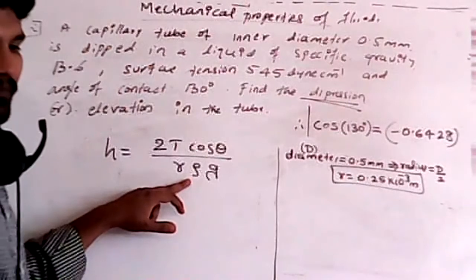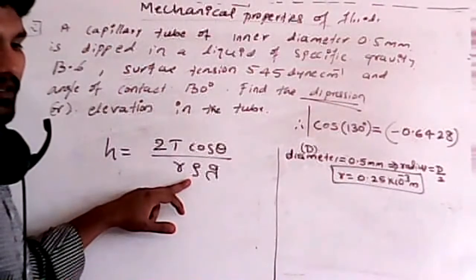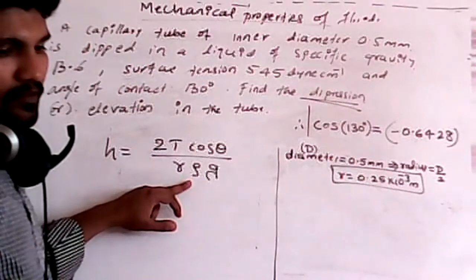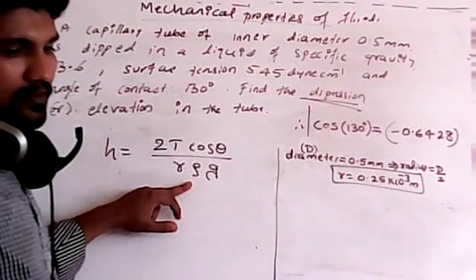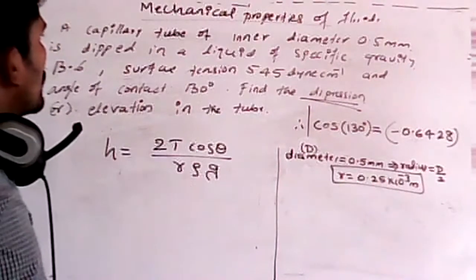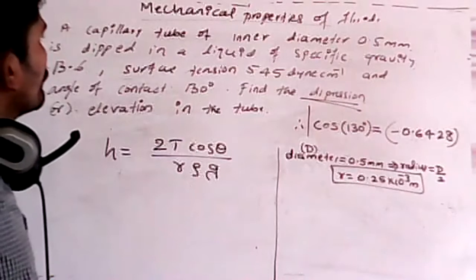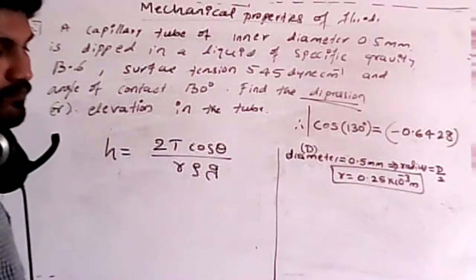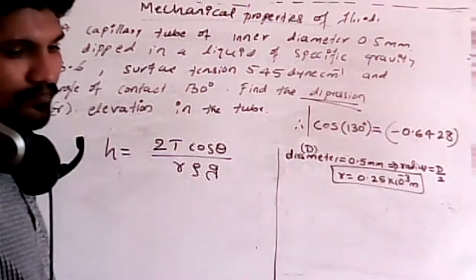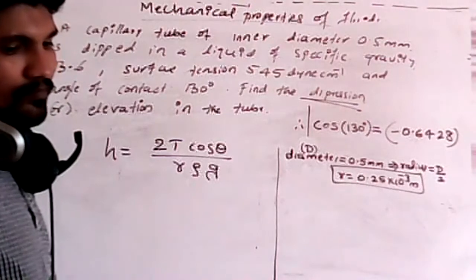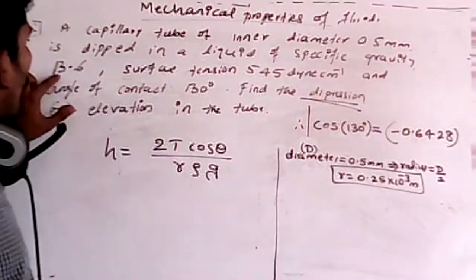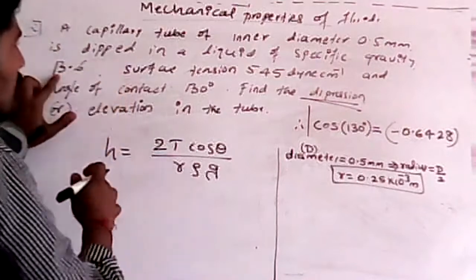Density, what is density in this particular case? Just tell me. Density, how much they have given? 13.6 they have given here.